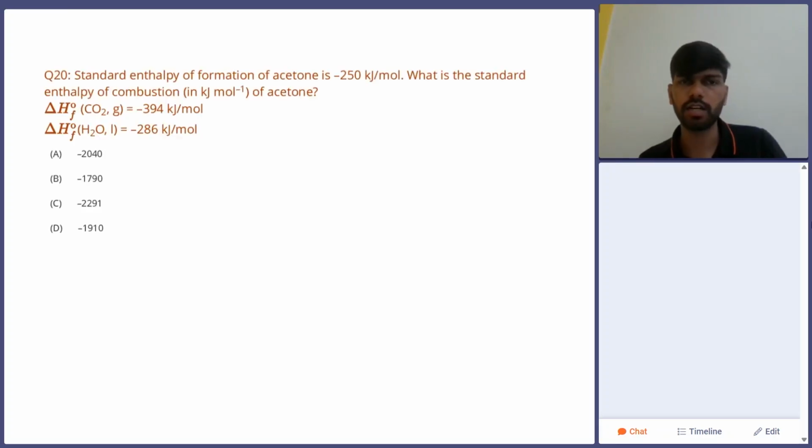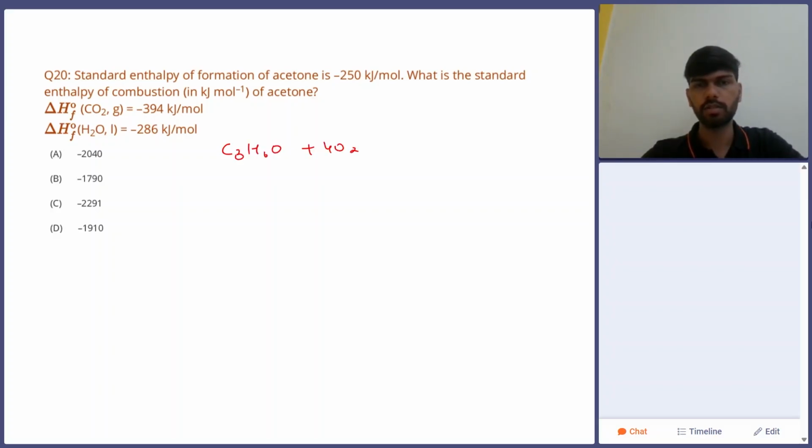Next question. Standard enthalpy of formation of acetone is minus 250 kJ per mole. What is the standard enthalpy of combustion of acetone? This one is given. So first of all, write the equation, that would be helpful for you. So acetone C3H6O plus oxygen, combustion is there. So 3 moles of CO2 plus 3 moles of water will form.